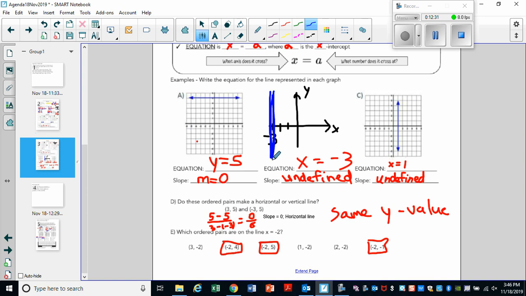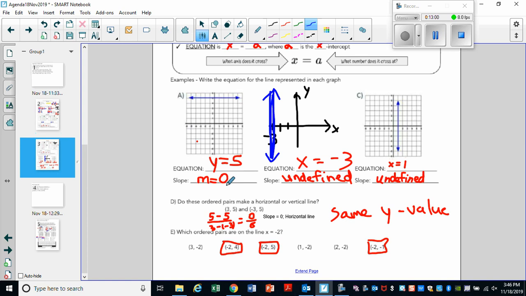That's what this graph looked like. And again, you have an undefined slope because of the vertical line. So whereas option A, y equals 5, because a horizontal line crosses the y-axis at y equals 5. And for C, x is 1. A vertical line crosses the x-axis at x equals 1.